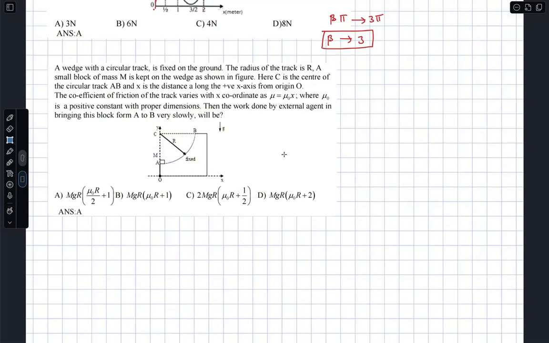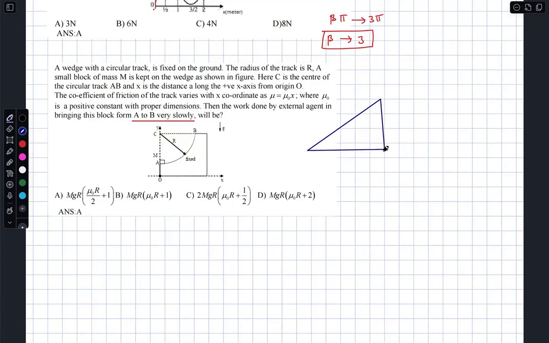The work done by the external agent in bringing the block from A to B very slowly. Remember, very slowly. That attracts me. Why? Because I'll explain. Suppose this is the question, an inclined plane based question.